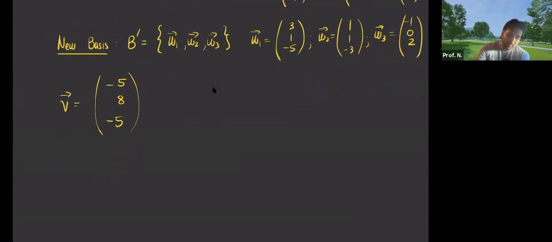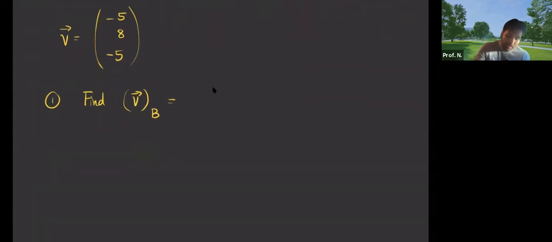And the first thing they asked me to do is to find v in terms of the old. And once I find v in terms of the old, I want to find v in terms of the new.